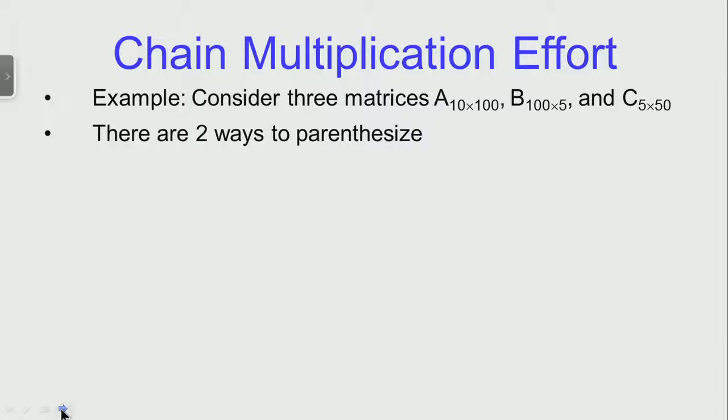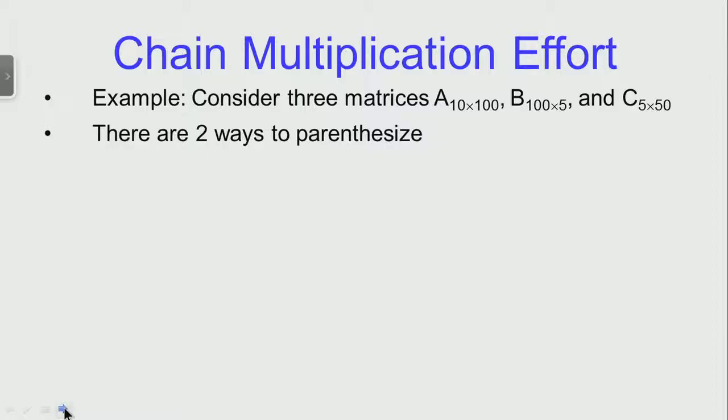For this, let us consider the following example where we consider 3 matrices A, B and C. A is of order 10 by 100, B is of order 100 by 5 and C is of order 5 by 50. Clearly, the 3 matrices can be multiplied, that is, the product ABC can be computed.